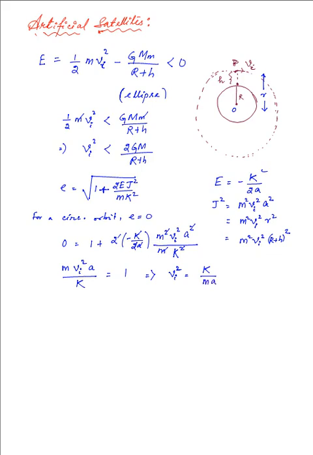Now k, as you know, for a gravitational field is G M times m, and this m is as well, and a, as we had mentioned, is R plus h in this case. So the m's can get cancelled out. We are left with the square of the insertion speed equal to GM divided by R plus h. So it depends on what height we are taking the satellite to be.